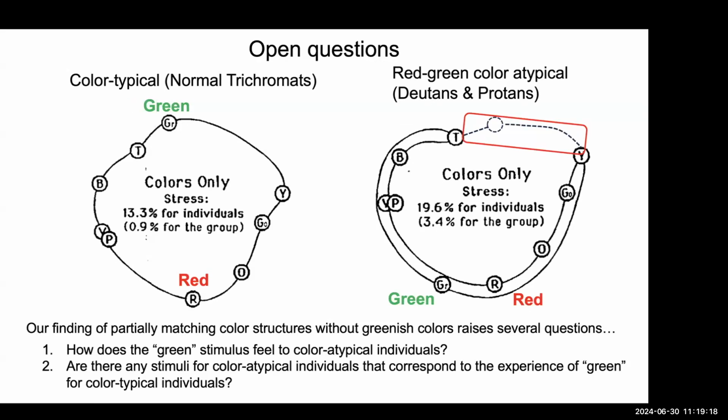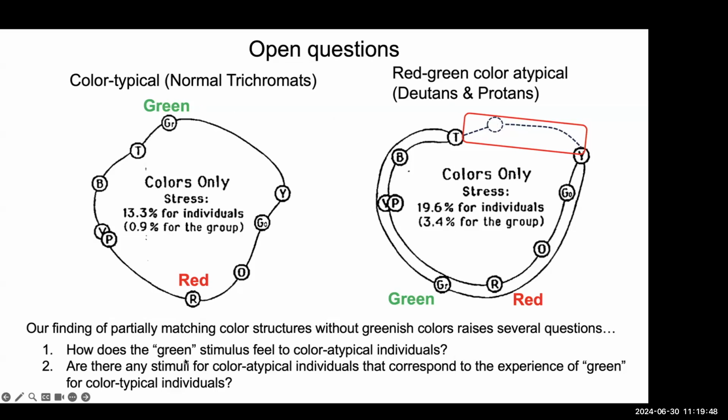And then our finding of partially matching color structures without greenish colors raises several questions. Like, how does a green stimulus feel to a color atypical individual? Is it like red or something else? And also, maybe there is some missing color around here that should correspond to green.